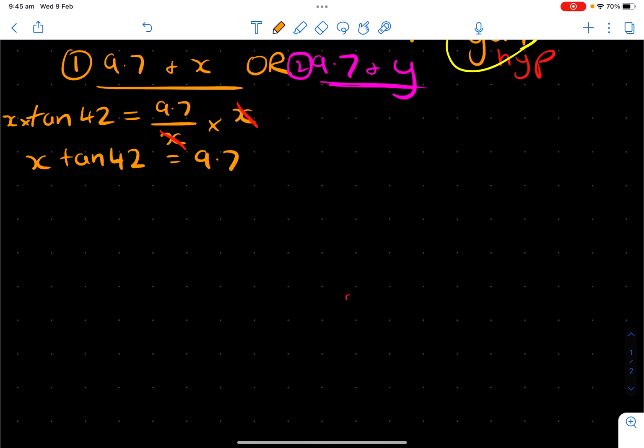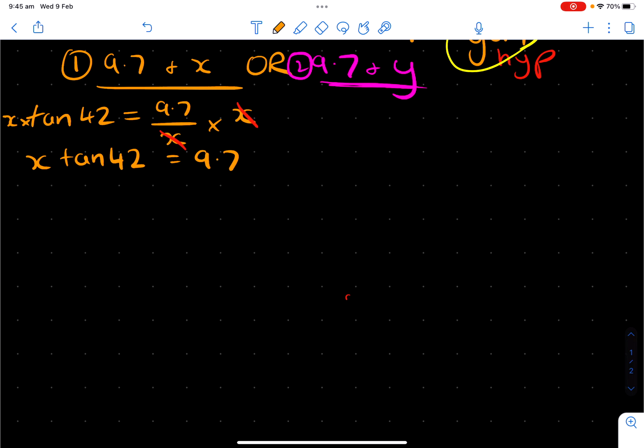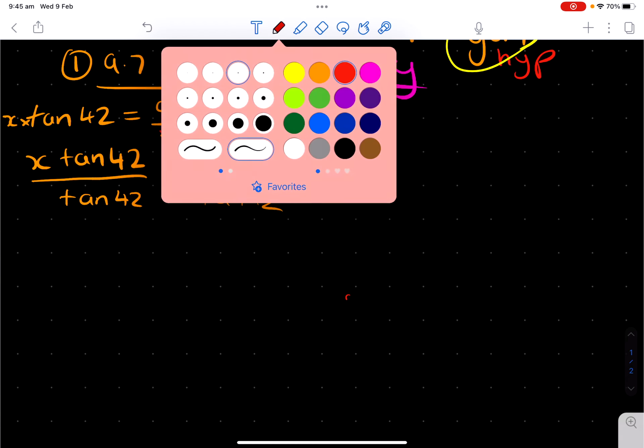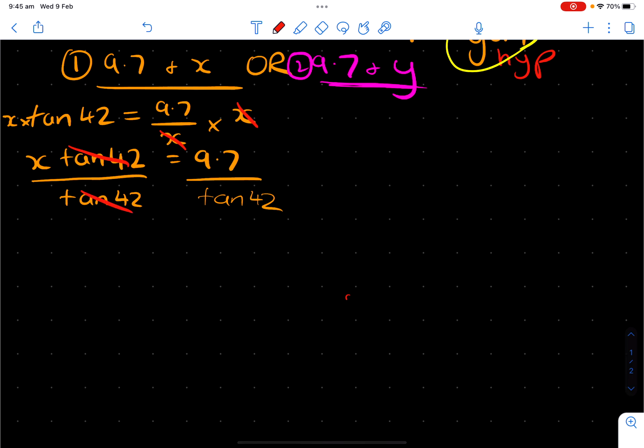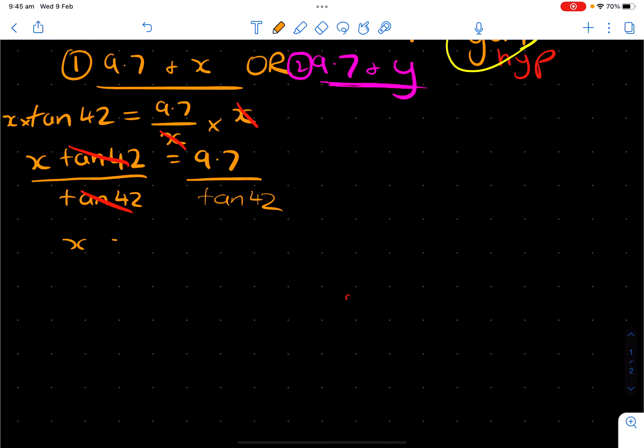We now want to get rid of tan 42. So to get rid of tan 42, we are going to divide both sides by it, because this allows us to cross these out so that we just get x equals 9.7 over tan 42.